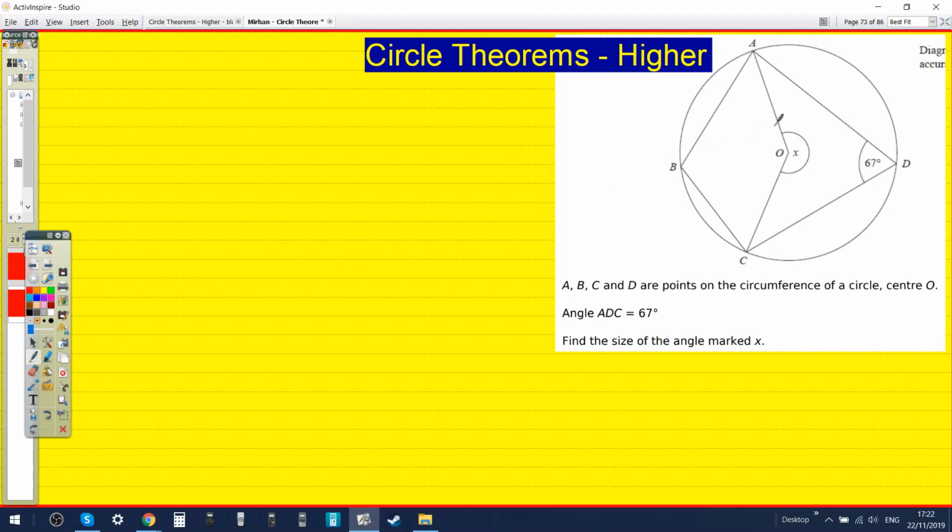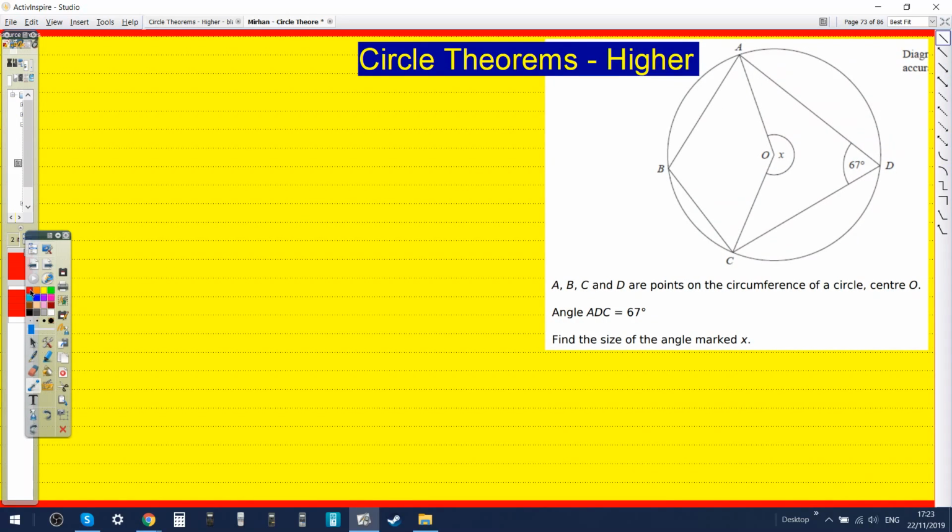What do you know about this angle here? It's 360 minus 67. 293. Sorry, so is X equal to 67? Is that right though? No. That's not right.